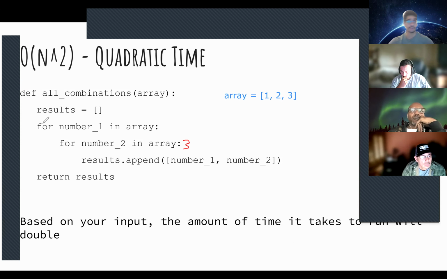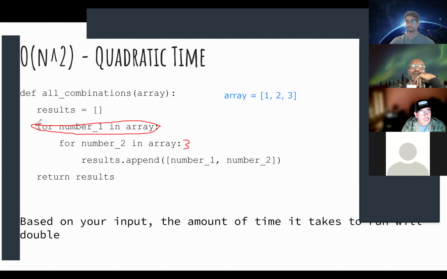And how many times are we doing this step up here? You're doing that one. Go ahead, Joe. 3, right? Yep. So every time we run number 1 through the array, we have to run number 2 3 times.